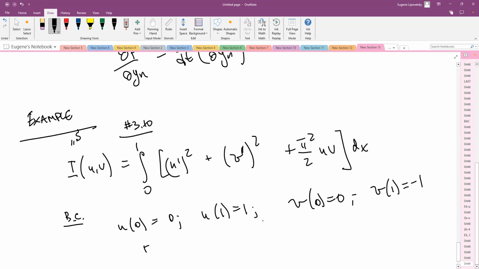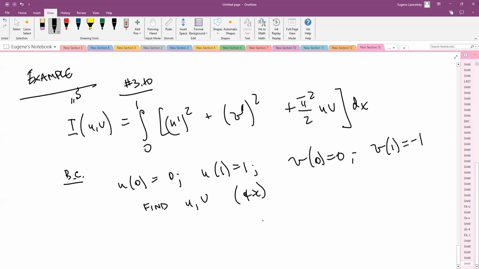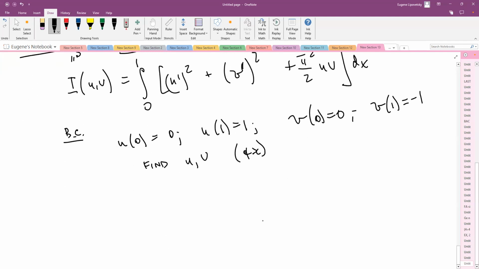Find the U and V as functions of x. This is a clear case of what we discussed before, y being U and V, right? So we'll do this thing clearly.